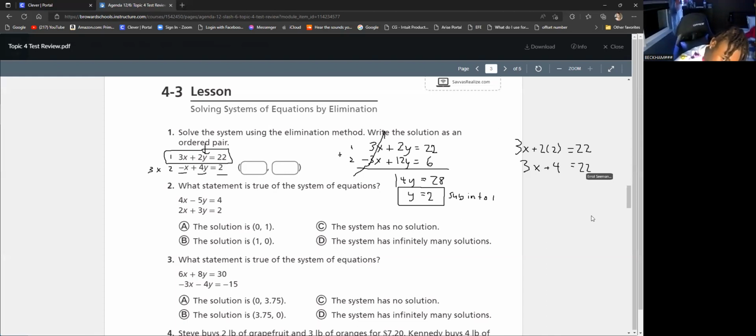So 3x equals what? 22 minus 4 or 22 plus 4? Plus. It's plus on the left side, so when we take it to the right side, it's going to be the opposite sign. So 22 minus 4, which is what?